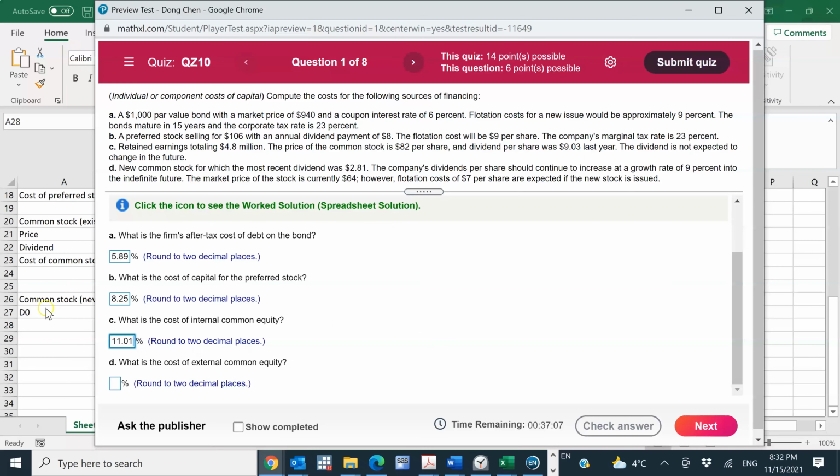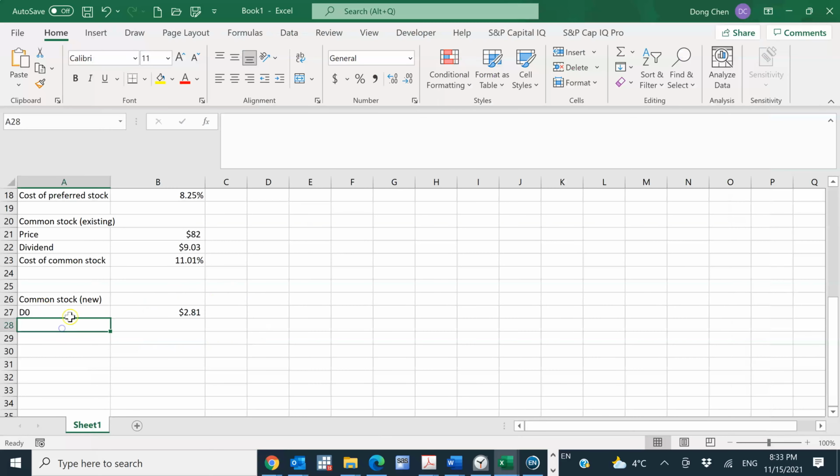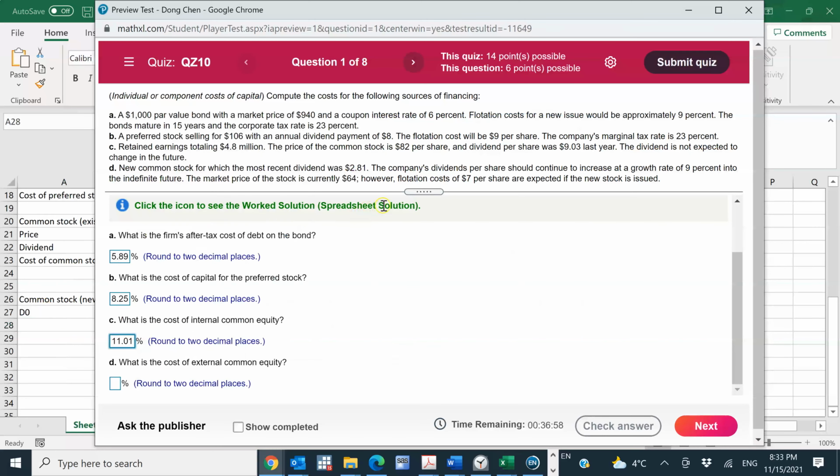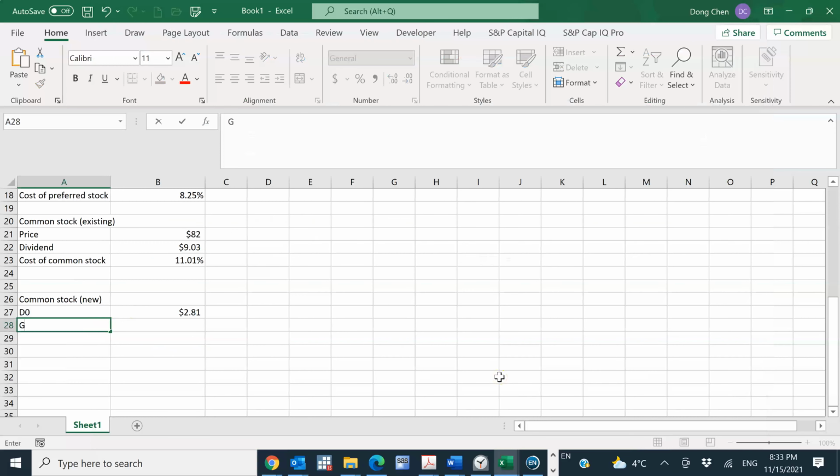So the distinction between whether it's D0 or D1 is very, very important. And the company's dividends per share should continue to increase at a growth rate of 9% into the indefinite future. So that should be telling us the G, the growth rate of dividend.